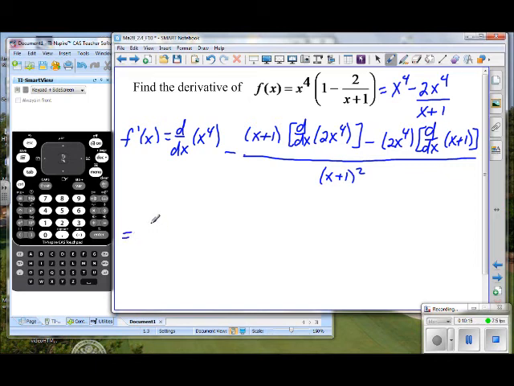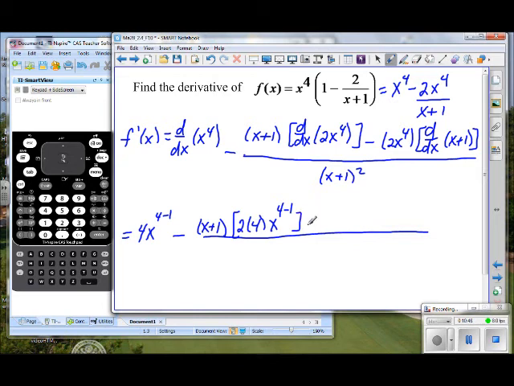Now, I've shown you the derivatives we're going to take, so now the next step is to actually take the derivatives. So the derivative of x to the 4th is 4 times the leading coefficient, which is 1, x to the 4 minus 1 power, minus, and then we'll take a look at our fraction here. We've got x plus 1, and then our derivative of 2x to the 4th. Again, we take our leading coefficient times our exponent and subtract 1 from our exponent, minus 2x to the 4th times the derivative of this term.